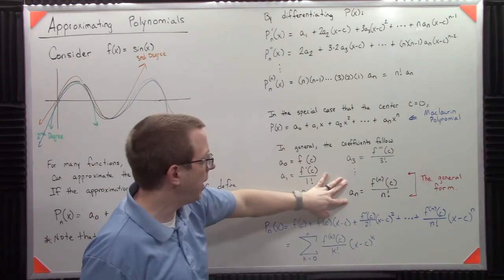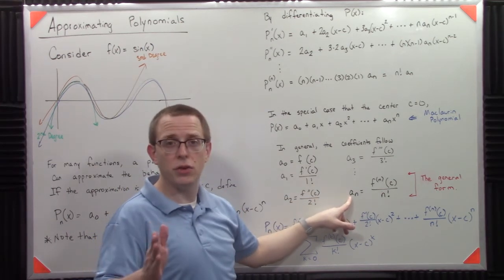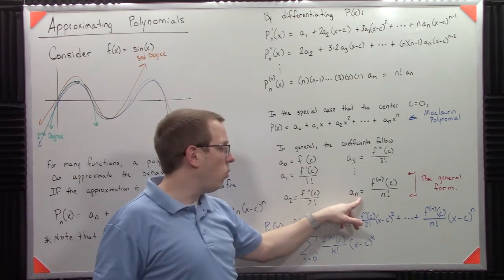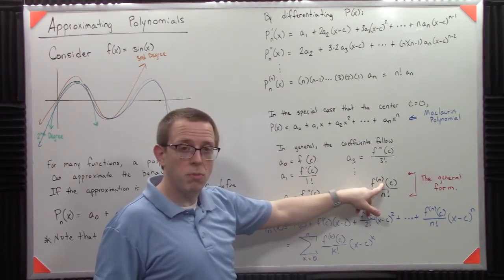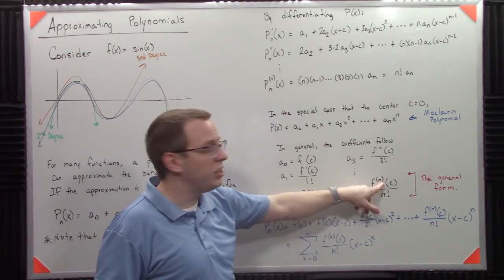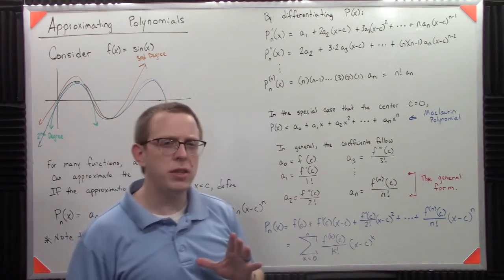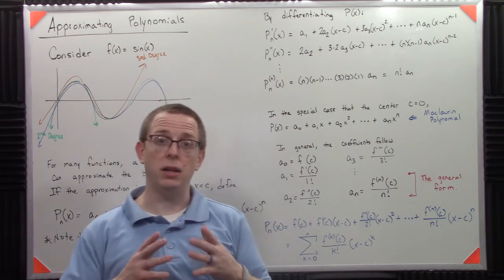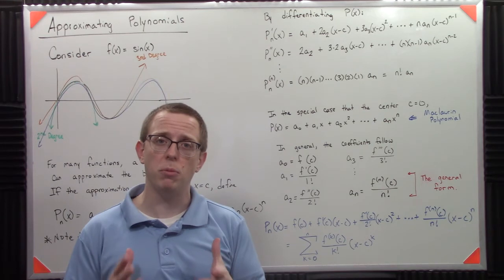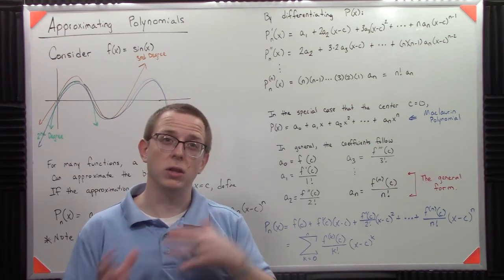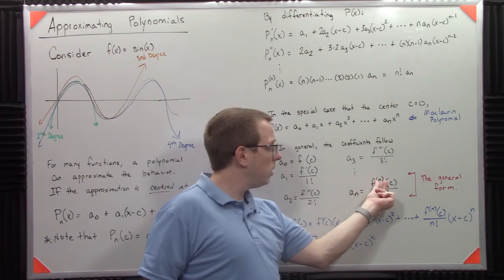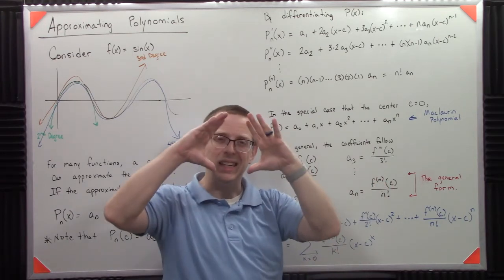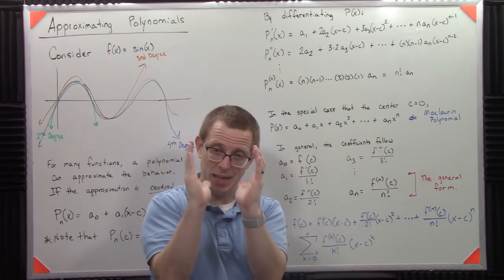And the general case is that the nth term, so this could be 1, it could be 5, it could be whatever, is the nth derivative. This is a notation that is very common, but you may not have seen it before because there hasn't been a lot of need until now. The superscript number will be in parentheses.